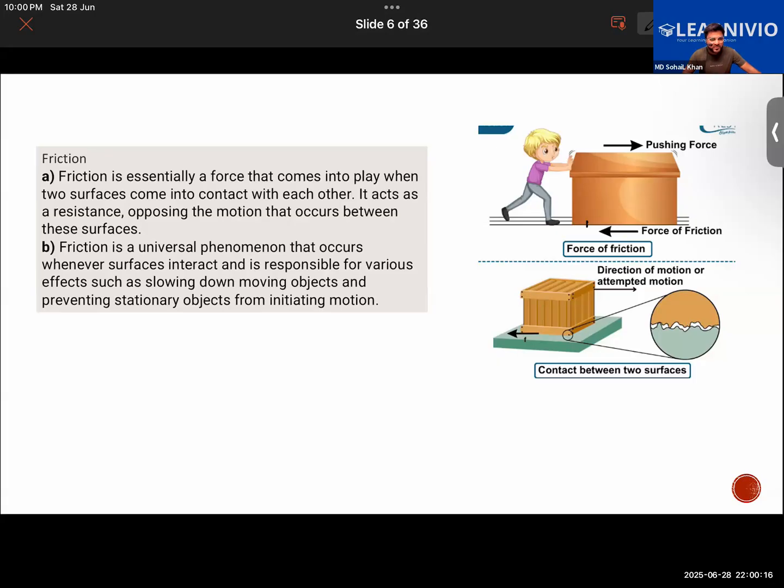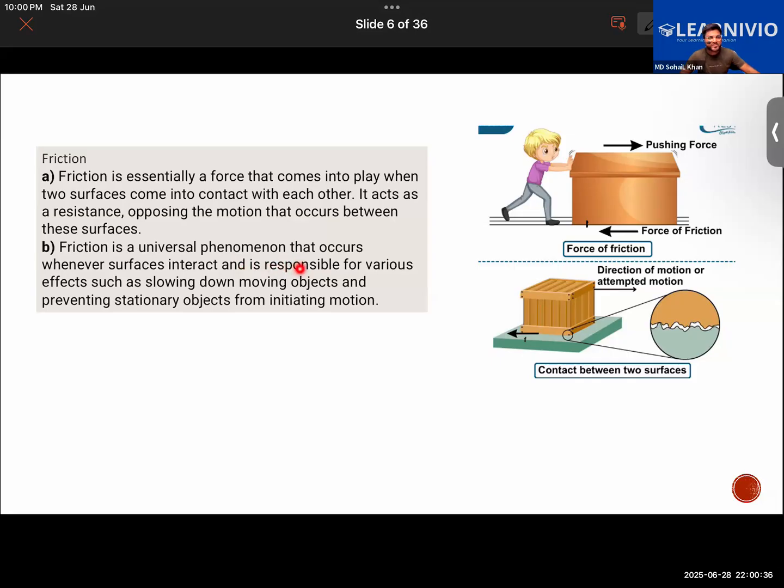So whenever surfaces interact, by interaction here we are talking about contact-based interaction. There has to be direct contact between the surfaces. So friction is a universal phenomenon that occurs whenever surfaces interact, and it's responsible for various effects.